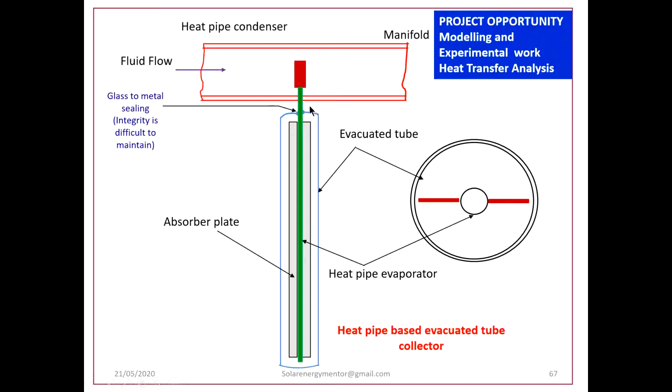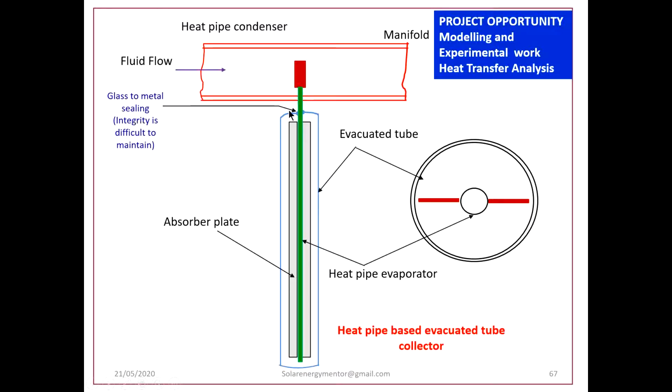So over a period of time, what happens in the fields, if these types of heat pipes are installed, is that leakage starts, and then the effective heat transfer from the plate to the heat pipe is reduced, and the efficiency of this evacuated tube heat pipe is reduced.